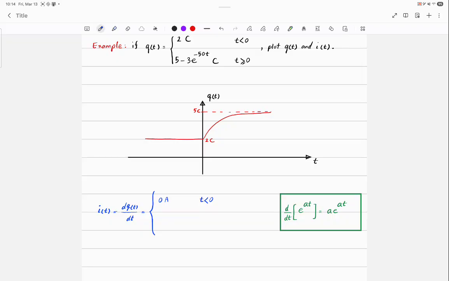So a in that case is negative 50 times negative 3 is 150. E to the negative 50t coulomb for t positive. Any problem?